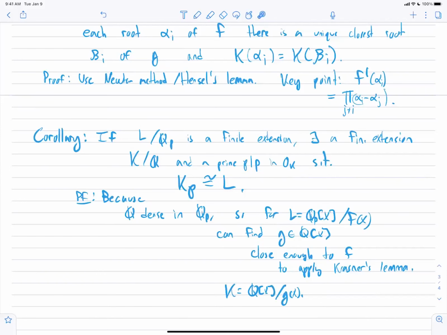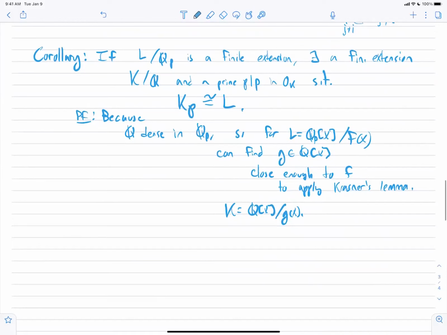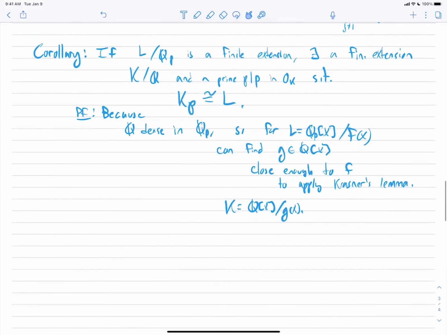There's a different version of Krasner's lemma that I should state. Another nice example: if I take an algebraic closure Q_p bar of Q_p, that's not going to be algebraically closed, it turns out, but you can take its completion. And then Krasner's lemma lets you show that the completion is algebraically closed. That's one of the exercises on the worksheet, and another good application of Krasner's lemma.